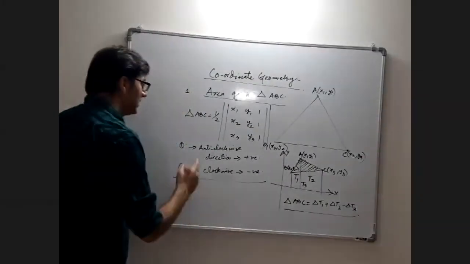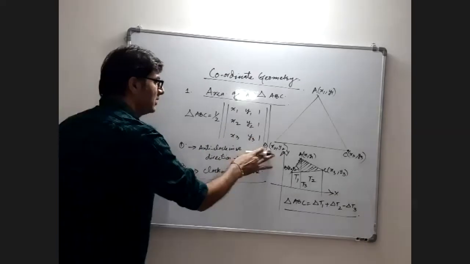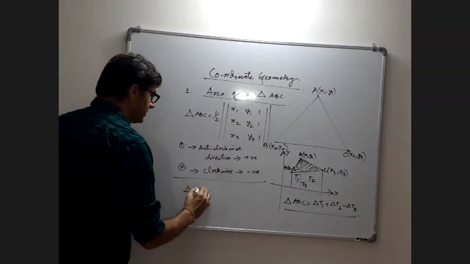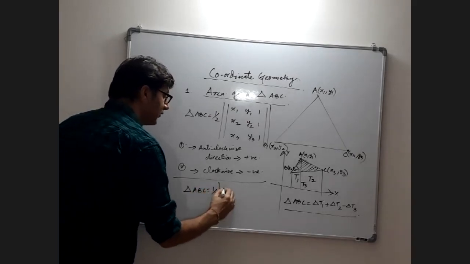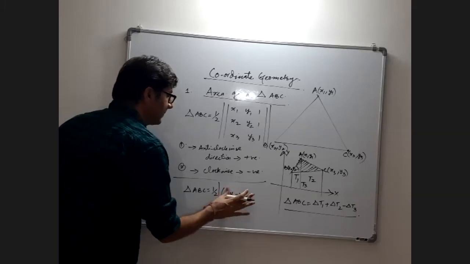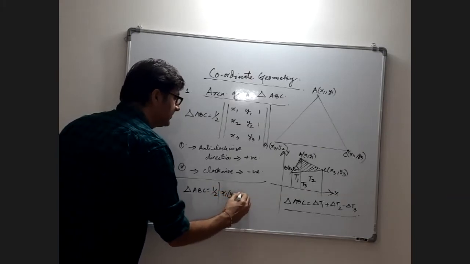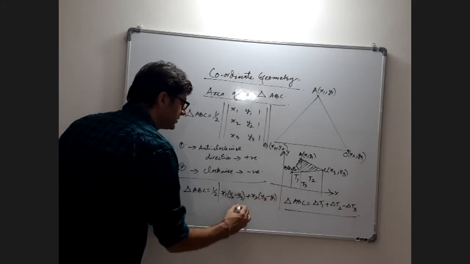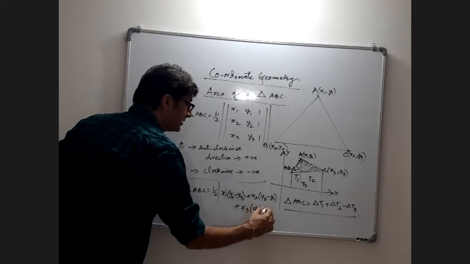And suppose till 11th class nobody has done determinants, in that case the area ABC will be equal to half modulus of x1(y2 minus y3) plus x2(y3 minus y1) plus x3(y1 minus y2). Most of the students remember this formula in this particular order.